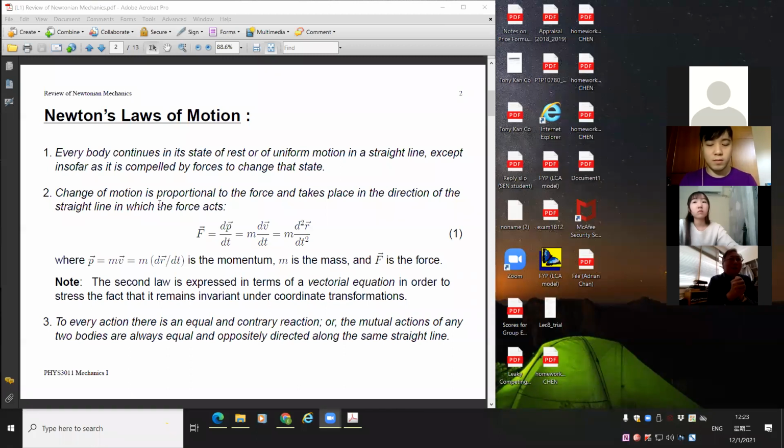Later, when we encounter the Lagrangian and Hamiltonian formulation of classical mechanics, then we will try to offer a derivation based on some higher principle.